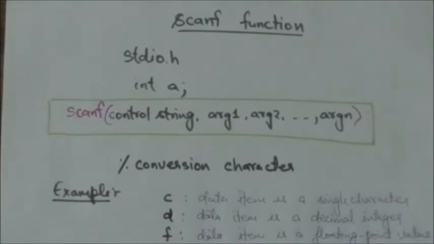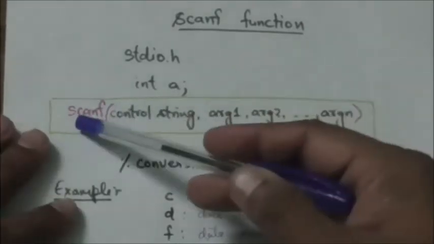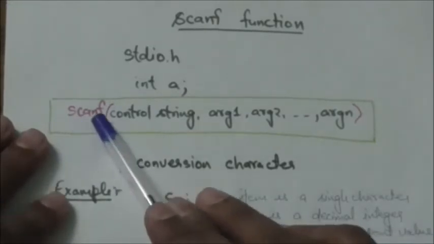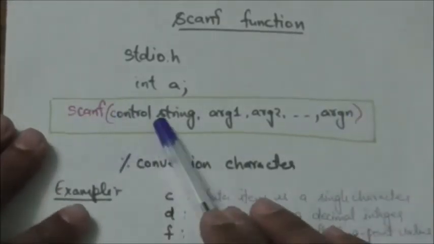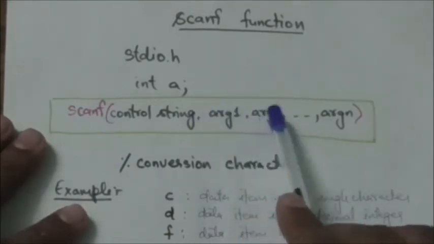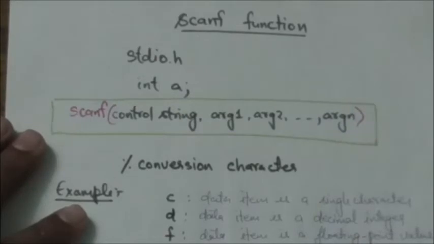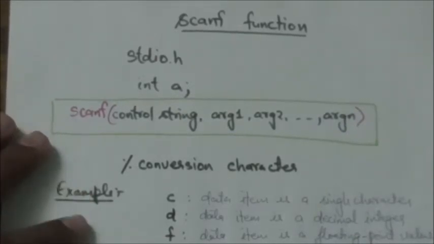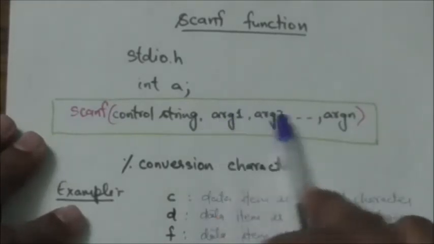Right, now see, this is the general form of the scanf function. Here scanf, and then in parentheses control string, comma, then argument 1, 2, 3, and so on up to argument n. Now what are these arguments?